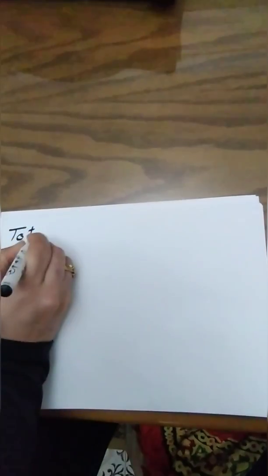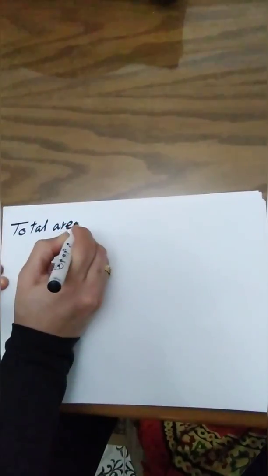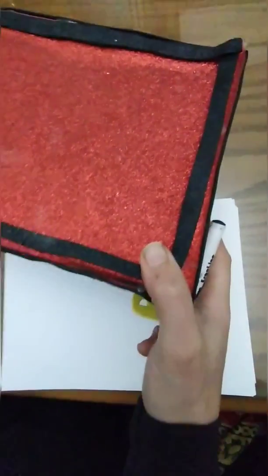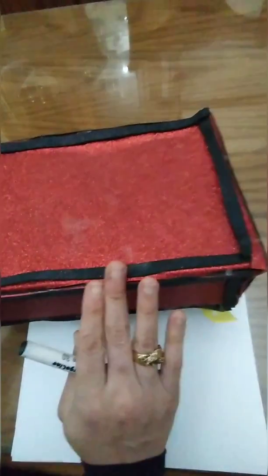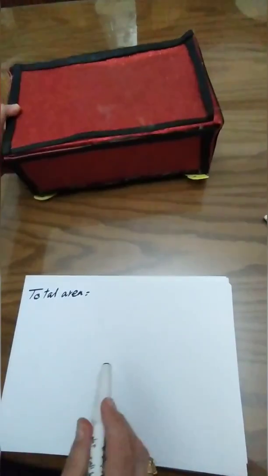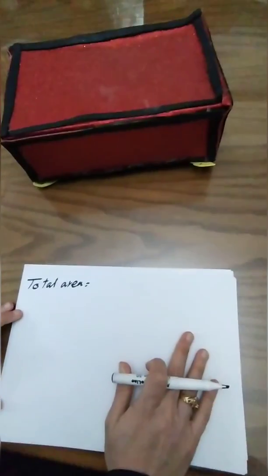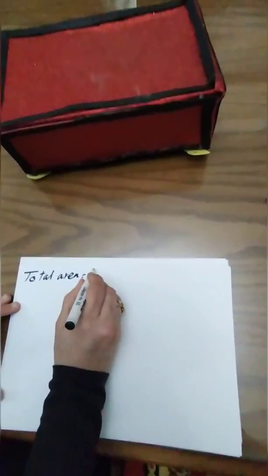What about the total area? Total area is the area of all the faces. How many faces do I have? I have 6 faces. It is the sum of area of all faces. I already have area of 4 faces in the lateral area.